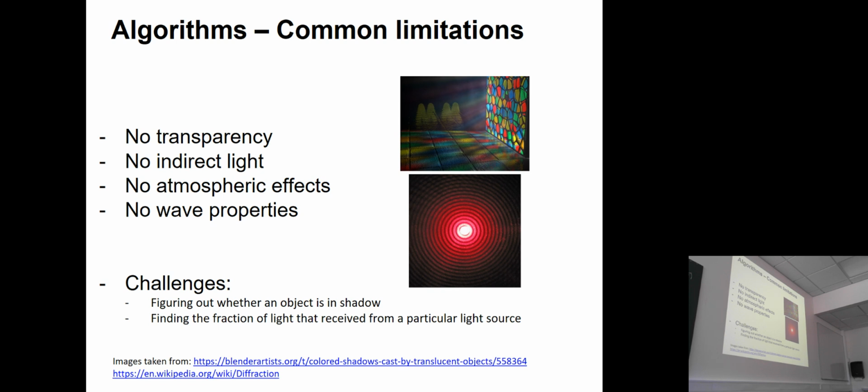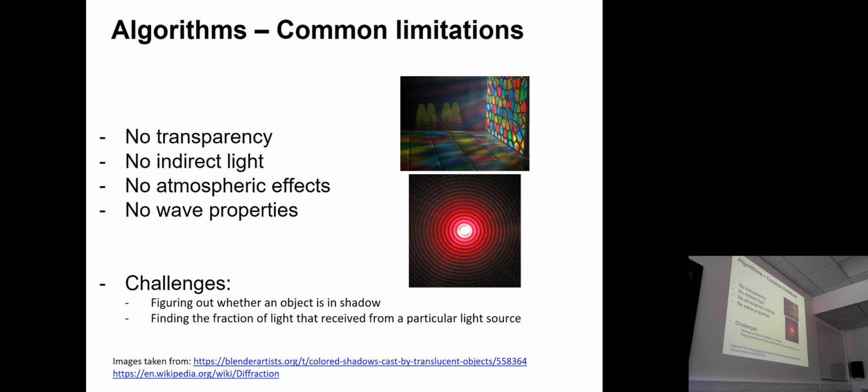Maybe you remember from your physics classes, when the light hits a tiny little slit and it becomes a pattern like this. It's diffraction. These kinds of things are not really modeled with the algorithms.